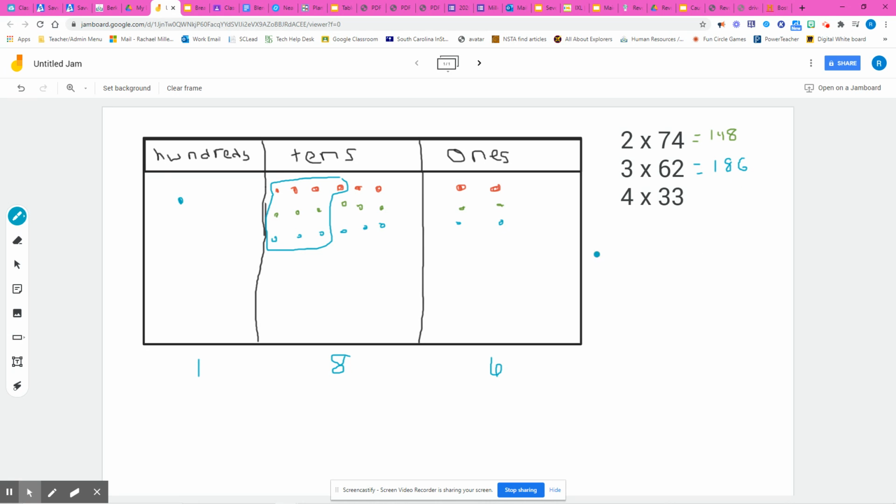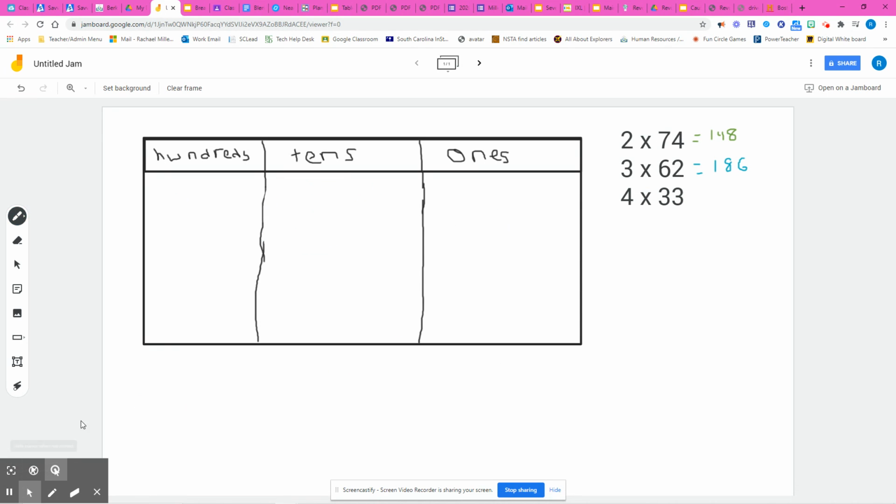Now I'm going to do that one more time with this 1 digit by 2 digit number. 4 times 33. All right, so step 1, take our 2 digit number and write it into our place value chart. The number 33 has 3 tens and 3 ones.